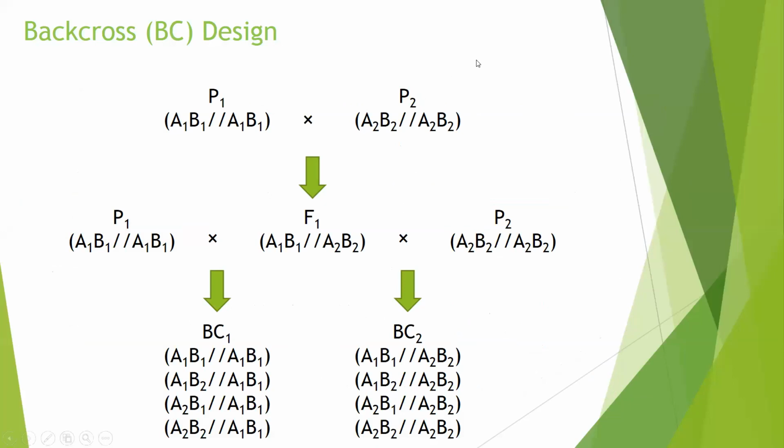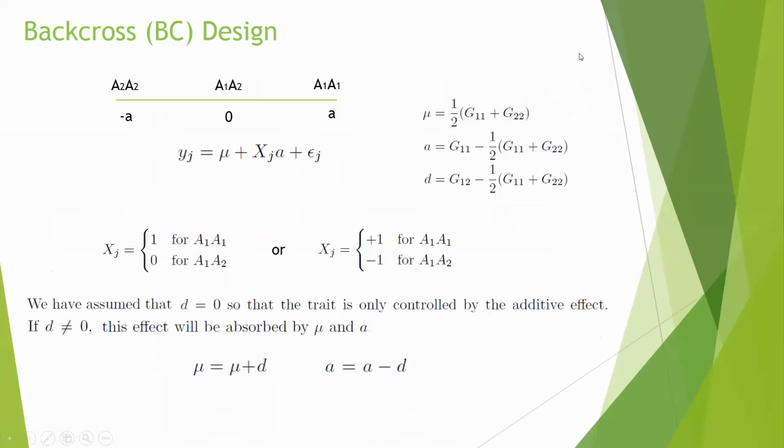This is a backcross design, and for the backcross design, we only have two genotypes, right? Either this one or this one. Okay, from now on, we're going to use the linear model a lot. That's why it's very important for us to understand this linear model.